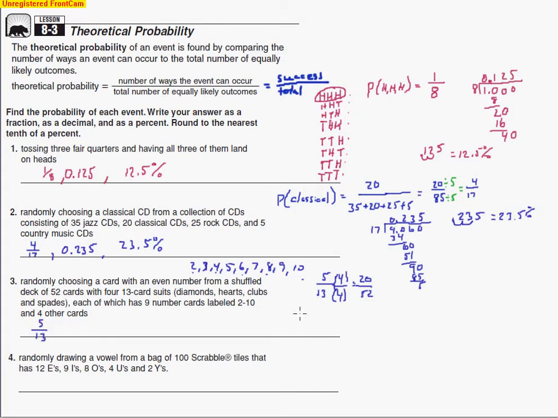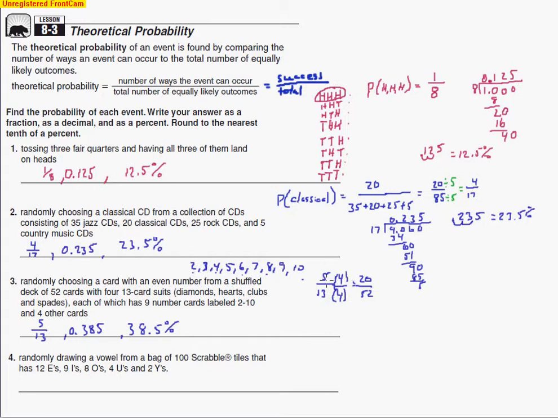We want to know the decimal form of that. And when we do that division, we get 0.385. And when we move that decimal point over 2 spaces, 38.5%. So the key is just to count up the number of successes over the total number of outcomes.